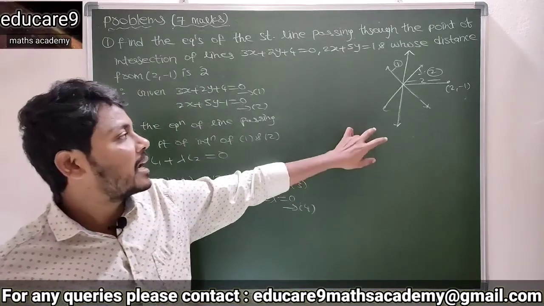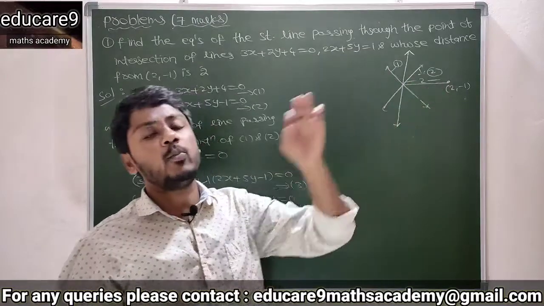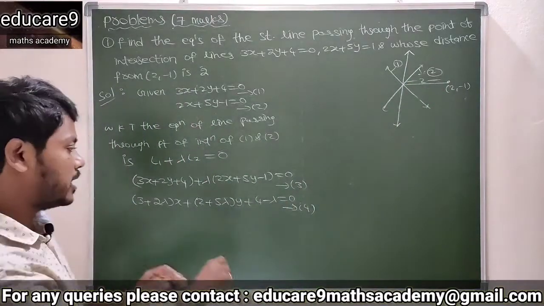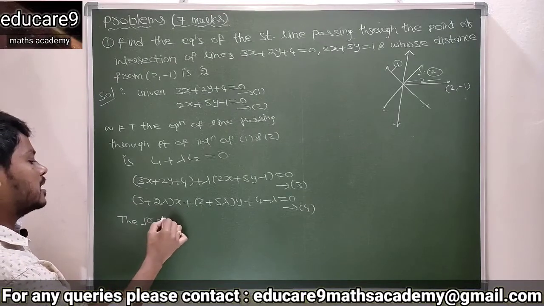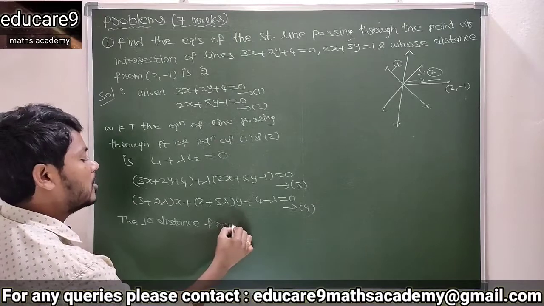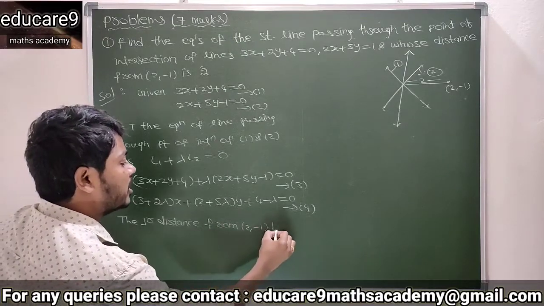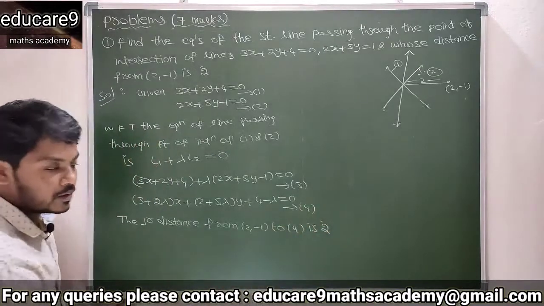But this straight line is at a distance of 2 units from the point (2, -1). So see here, the perpendicular distance from (2, -1) to equation 4 is 2 units.